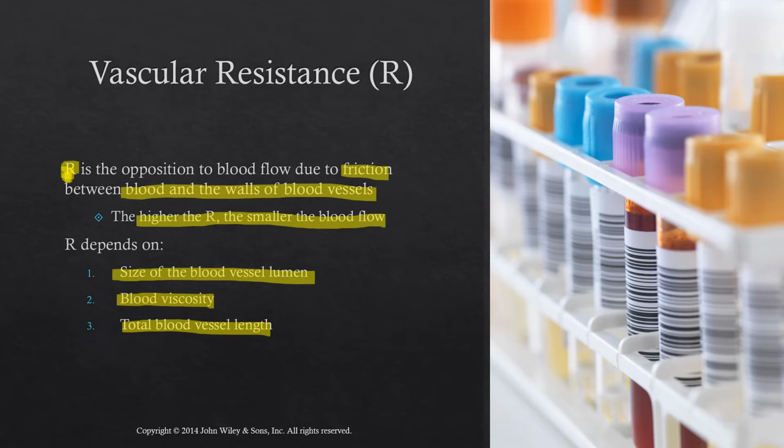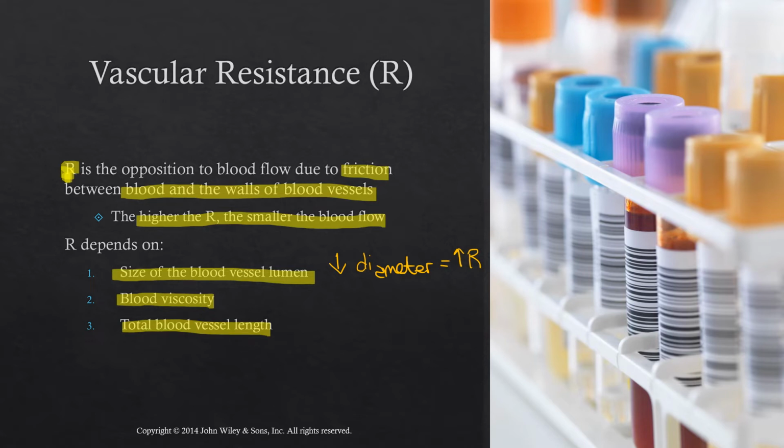So here we can write it out, size of the lumen. If we have a smaller diameter lumen, this is going to be equated to higher or greater resistance, or a larger R. Put that here. So R is representing vascular resistance.